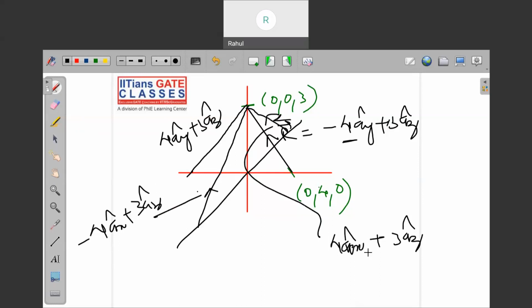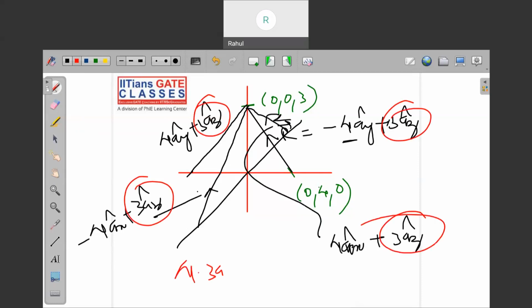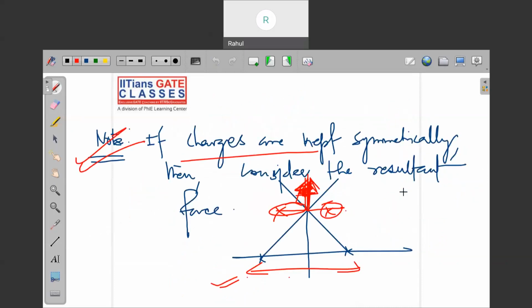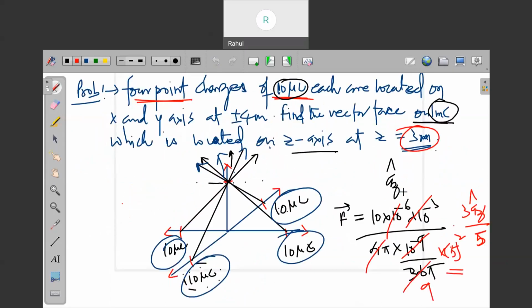Once you add all these vectors, you will get only the z components. That's why we have done 4 times 3az. And what is the magnitude of them? Magnitude will be the square root of 4 square plus 3 square, that is 25, means 5. So if you know the concept, you can solve any question, right?